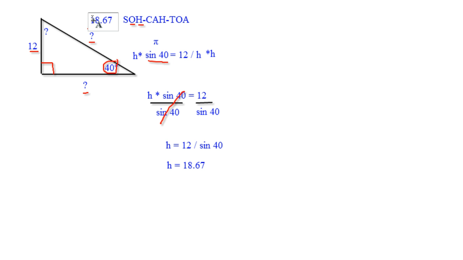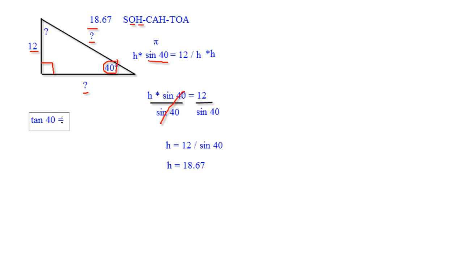Now here's another key to check your work. The hypotenuse should always be the longest side. Now, what could I use for finding this other side? Could I use trig again? Yes, you could. I'd probably use tangent of 40. You could use cosine of 40, whatever you want to do to actually find it. It's totally up to you.